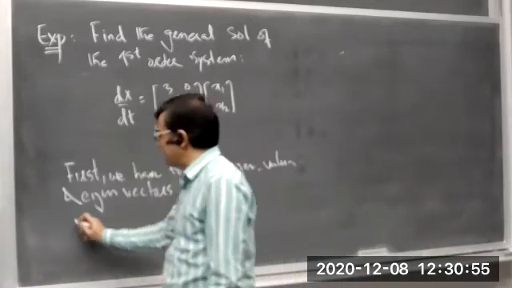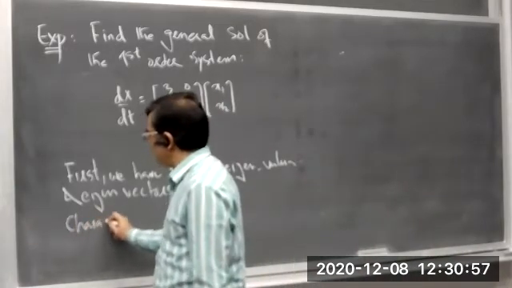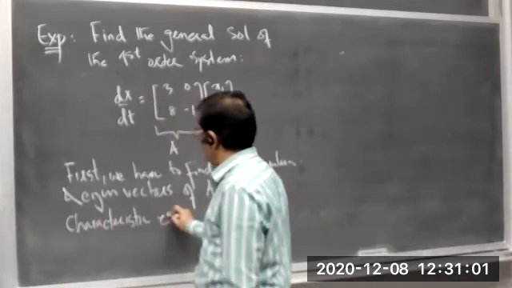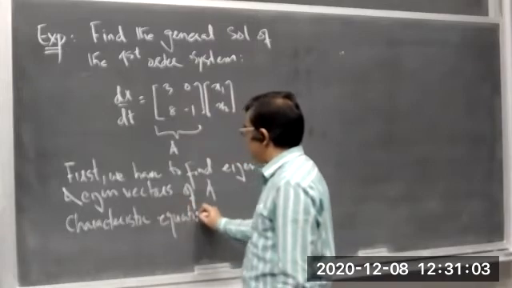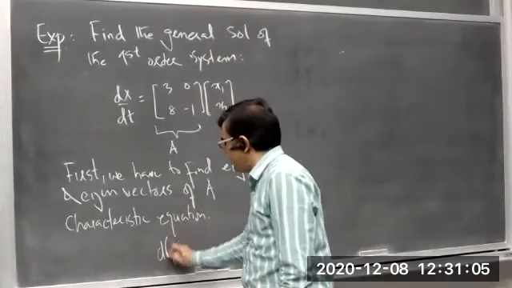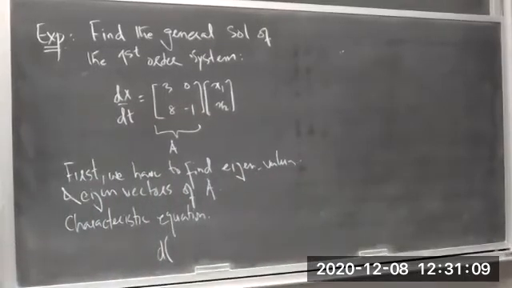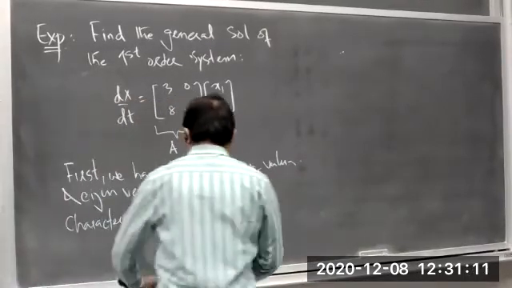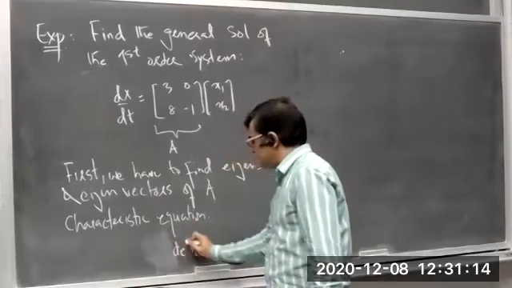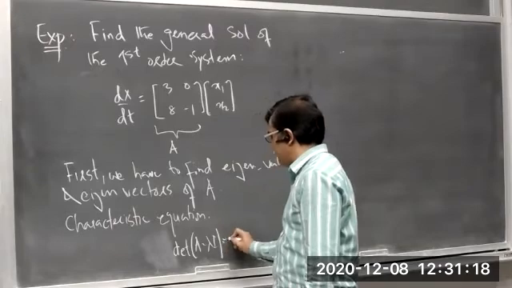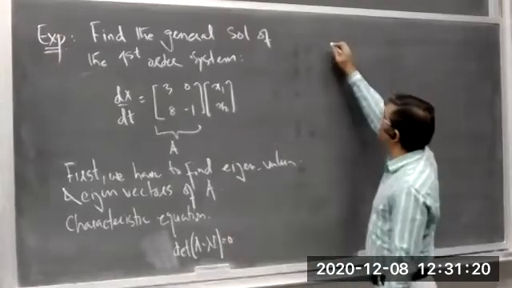First, we write the characteristic equation. I told you the characteristic equation is the determinant equation: determinant of A minus lambda I, and we put it equal to 0. Now, what is this equation?